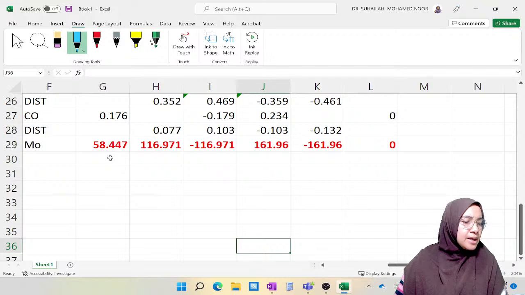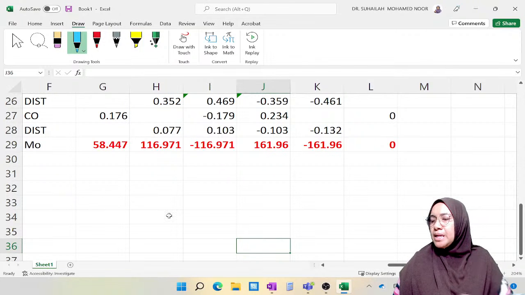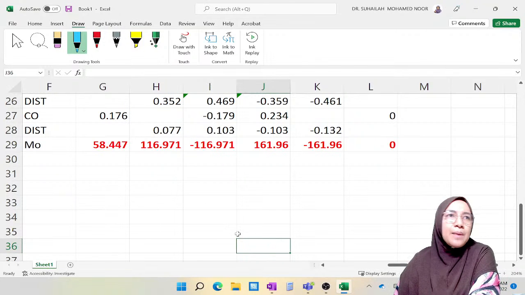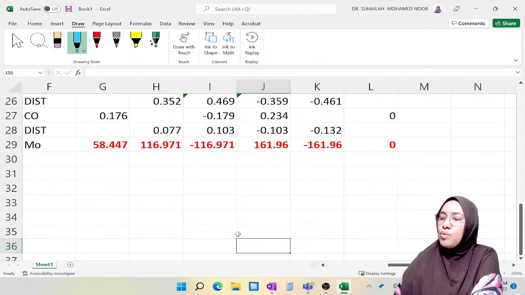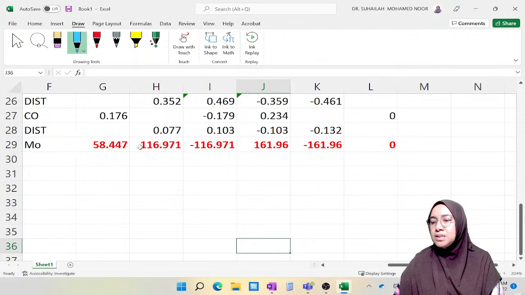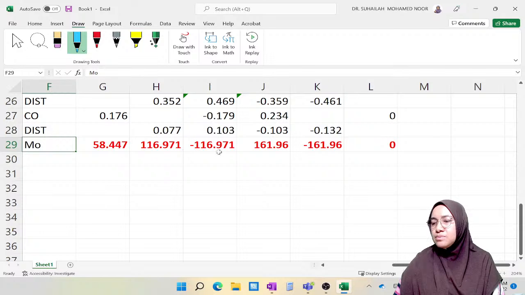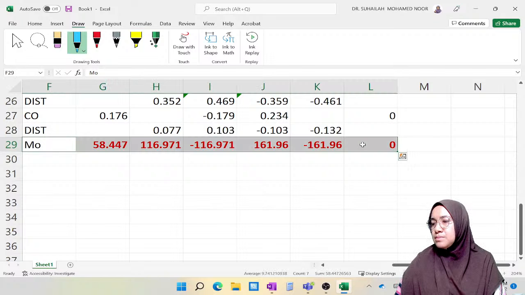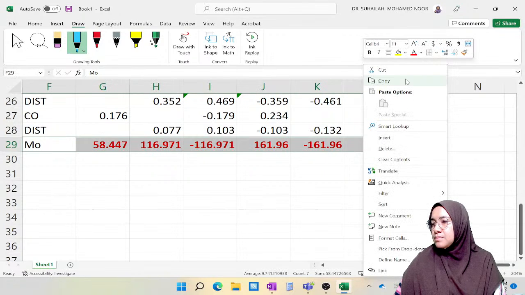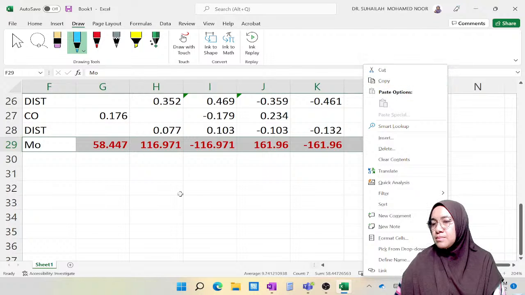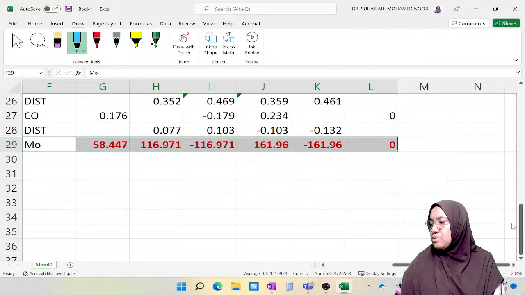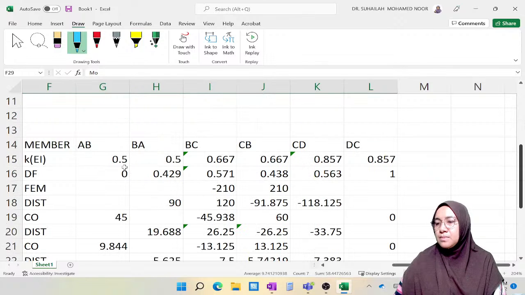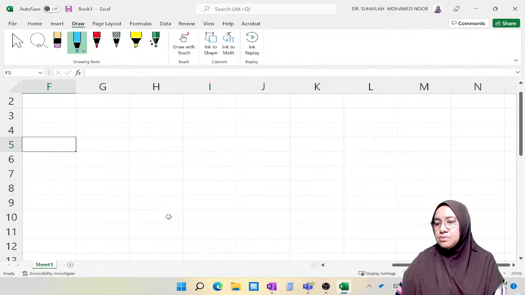You can comment in the live chat. So now we want to move back to OneNote. So I want to copy this value. Okay, I copy the whole table. So where is it?